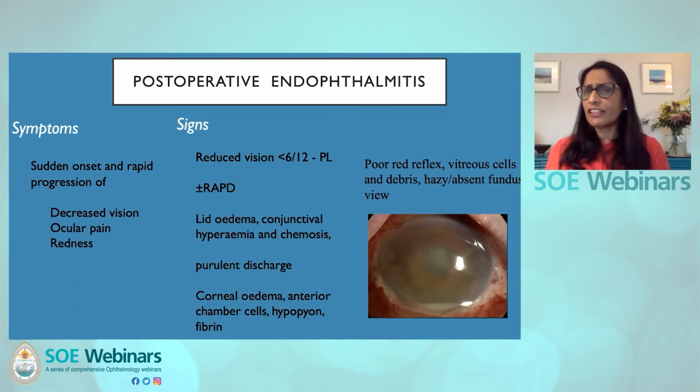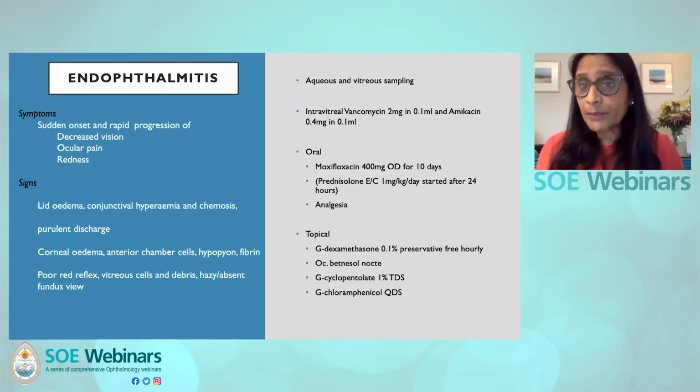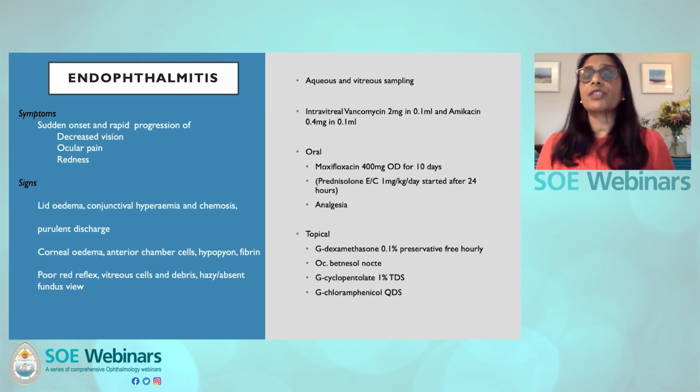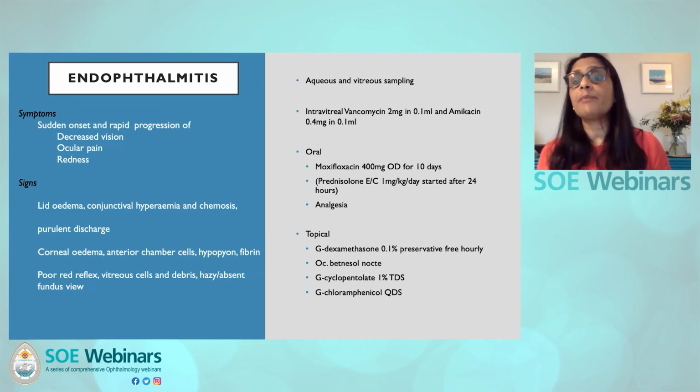chemosis, a purulent discharge, a poor red reflex, and as you can see in this picture, a hazy cornea and a hypopion. The treatment, of course, for these patients is aqueous and vitreous sampling pretty quickly, and followed promptly by intravitreal antibiotics.